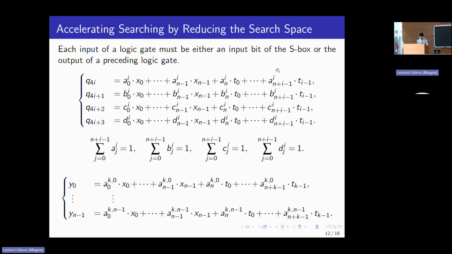Next, our paper proposed a method of reducing the search space to accelerate the search. Before that, I need to briefly introduce the model for optimizing Xbox implementations. Each logical gate has several inputs, and each input must be either an input bit of the Xbox or the output of a preceding logical gate.